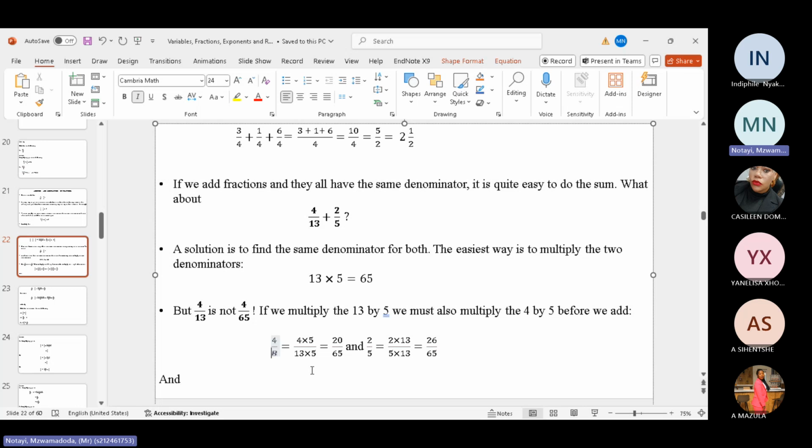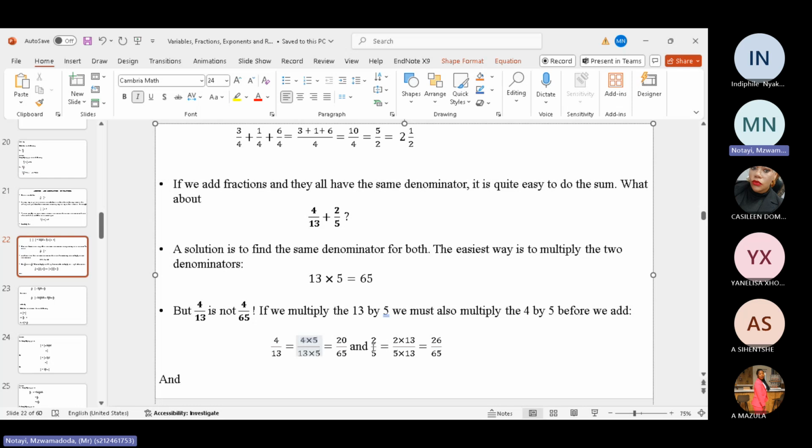I'm sorry, this should be 13. Okay. So which is going to be equal to, we're multiplying by 5 in the numerator and denominator. So 4 times 5 divided by 13 times 5. So we get 20 over 65.